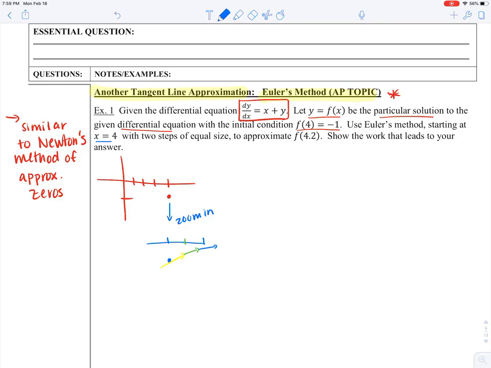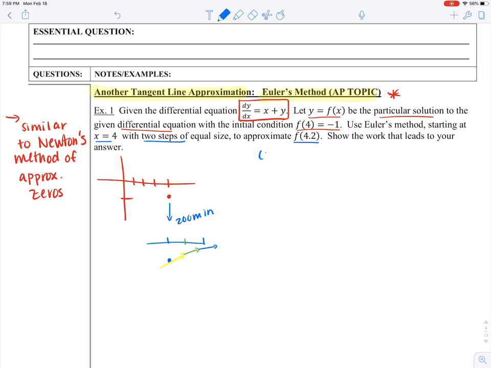So it says we're going to start at x equals 4 with 2 steps of equal size, and I want to get to f of 4.2. Now guys, you have no way of knowing what the original function f is because again, you have not separated and solved this equation. So let's start simple.